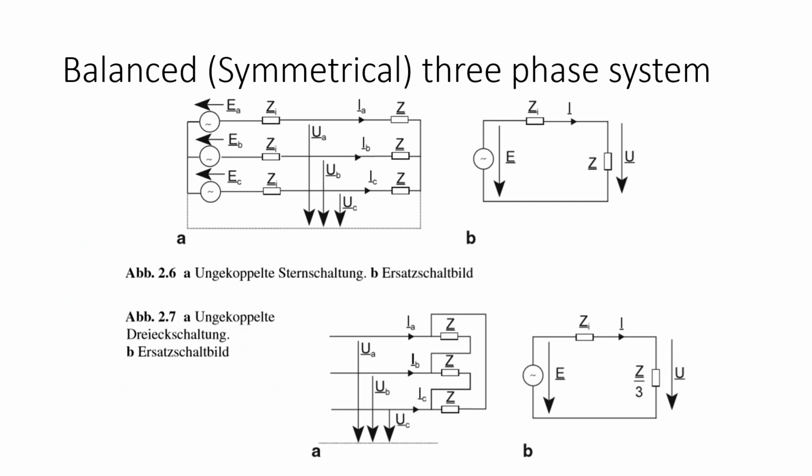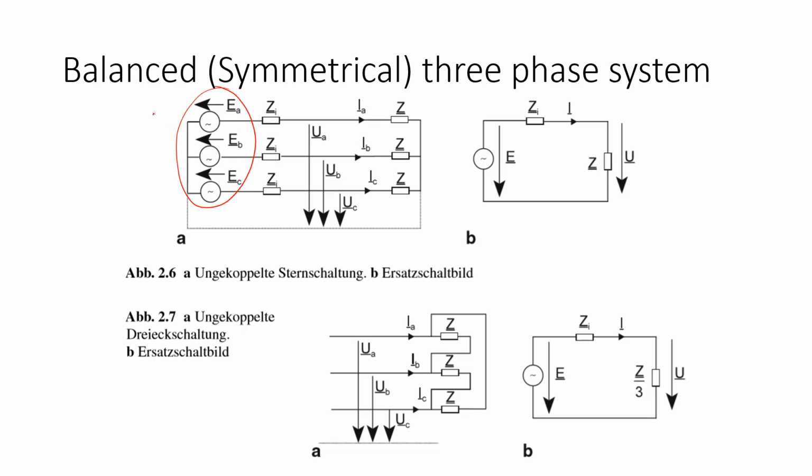All right. As you saw from our previous lectures, when we analyze the balanced or symmetrical three-phase system, for example, we have this kind of system. We have a star connection between source.